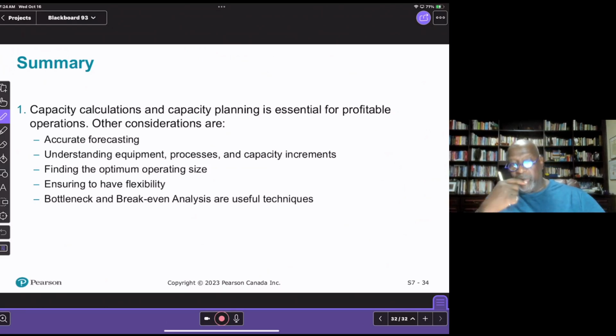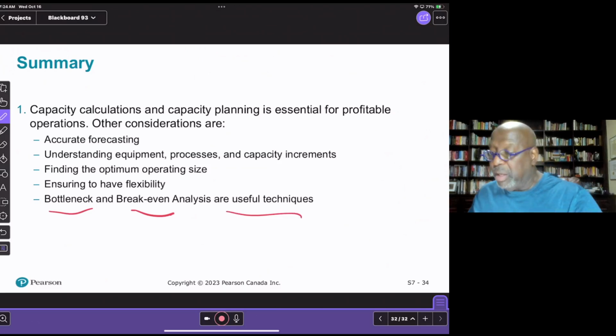It requires accurate forecasting so you can right size your process to make sure you have the capacity to meet your demand, understanding the equipment, processes and capacity increments, finding the optimum operating size, and ensuring that you have flexibility. And being able to do bottleneck and break-even analysis can be very helpful in determining the ideal capacity that you need to have.